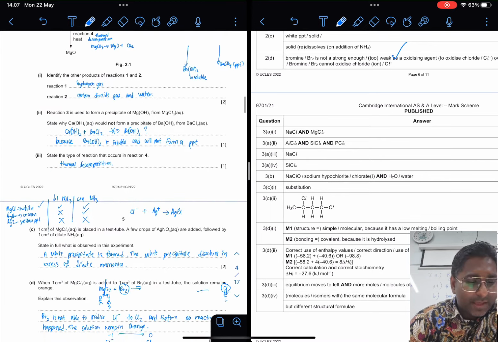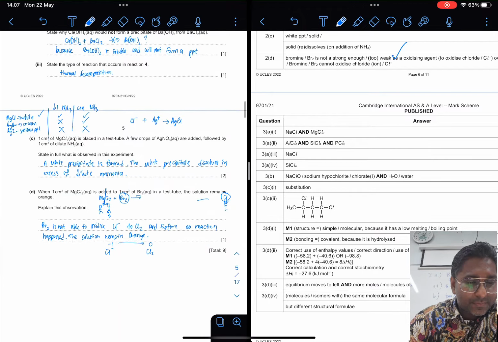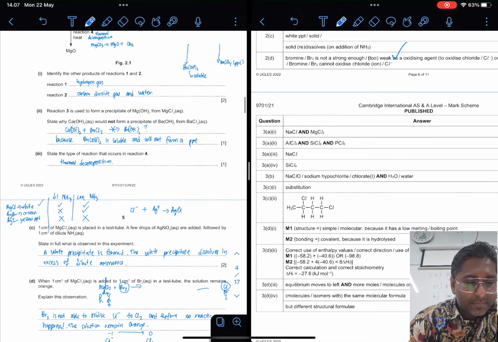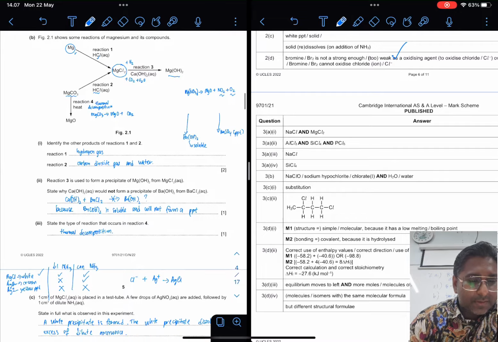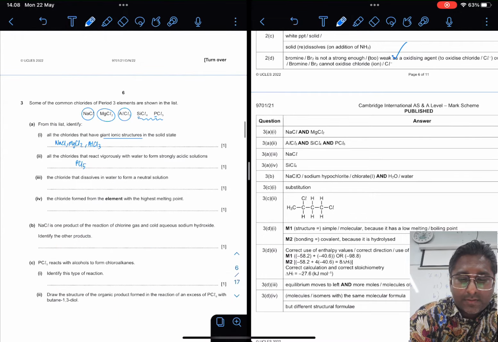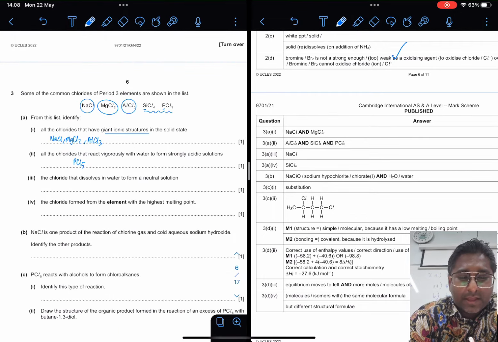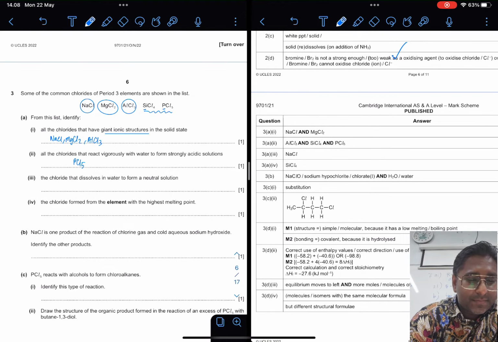So 3A2. Aluminium is another case, so they are not including aluminium in the giant ionic. So it is sodium and magnesium.